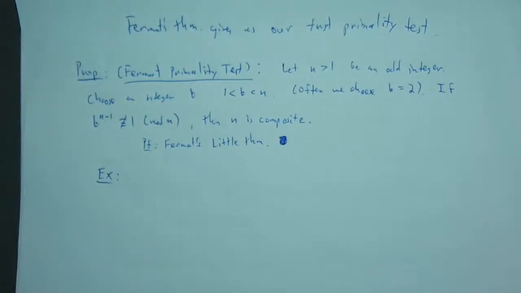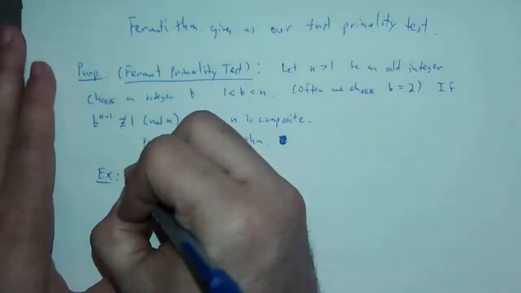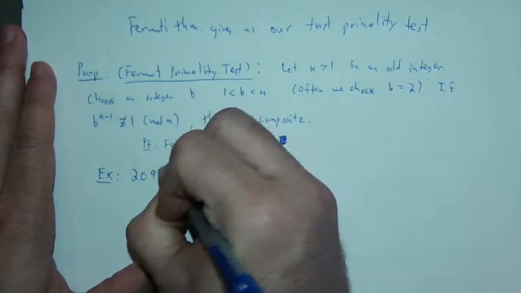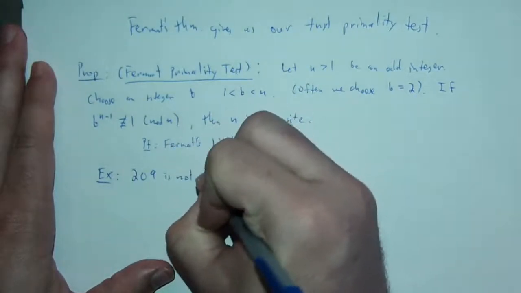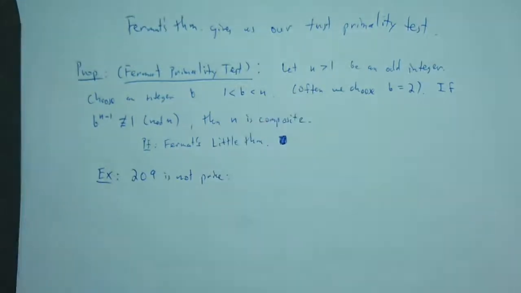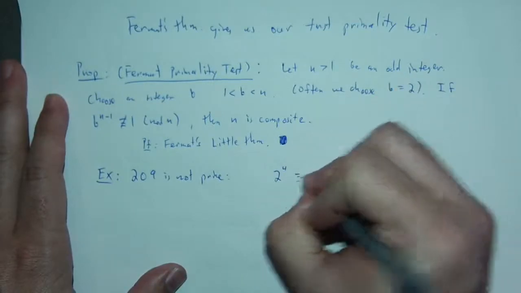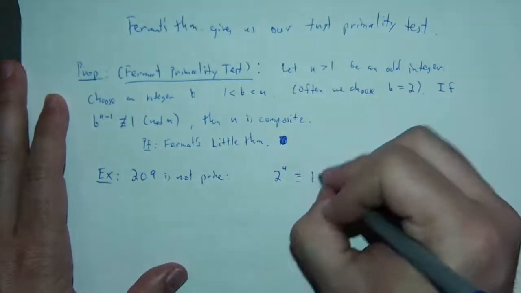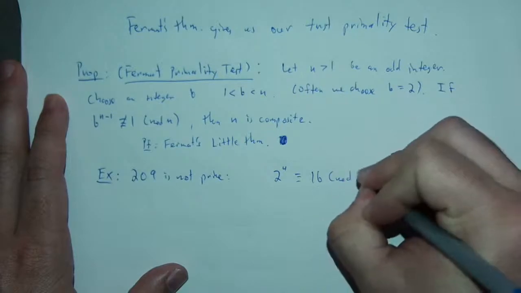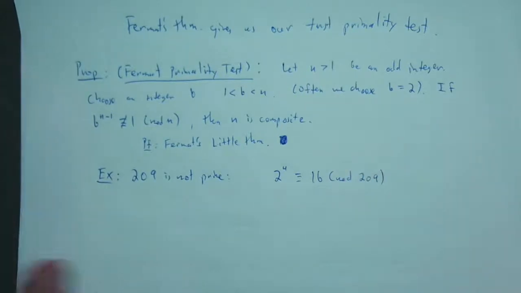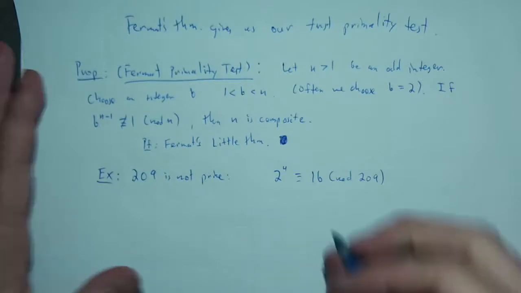So, here's an example. 209 is not prime. To see that, 2 to the 4 is congruent to 16 mod 209. And now we can do our modular exponentiation trickery by successively squaring this.